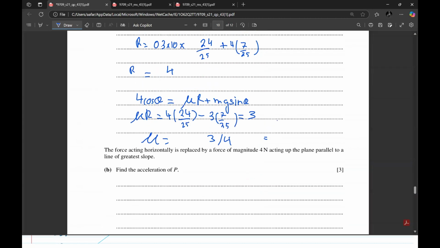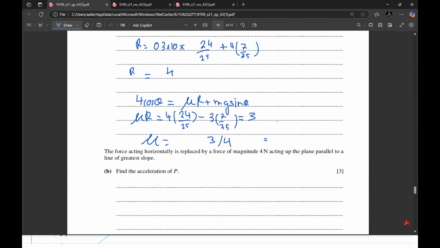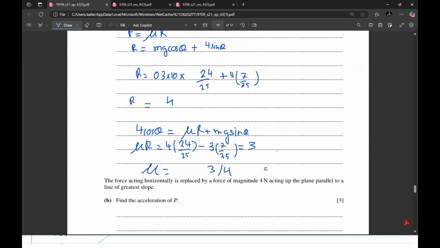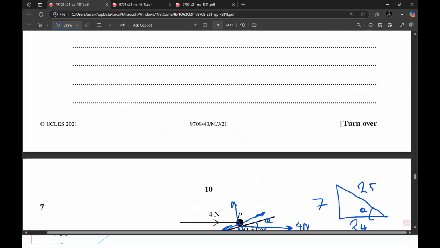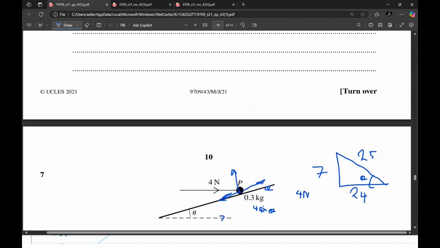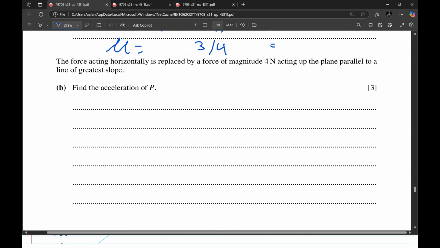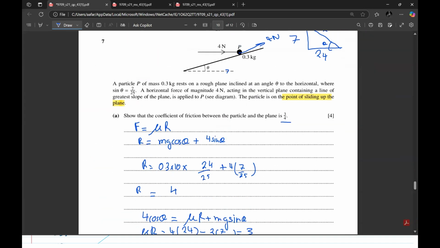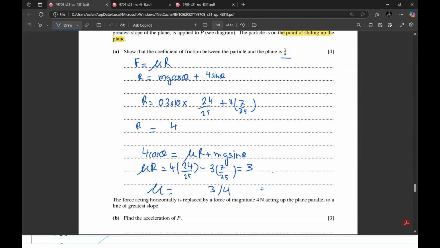Inshallah. Force acting horizontally is replaced by a force of magnitude 4 Newton acting up the plane, along the line of greatest slope. So basically, this force is replaced with this force right here. Find the acceleration of P. So now R will be different.